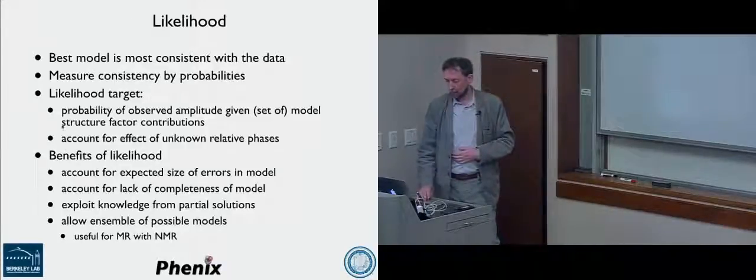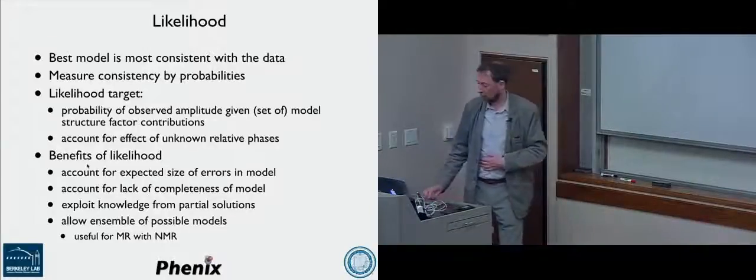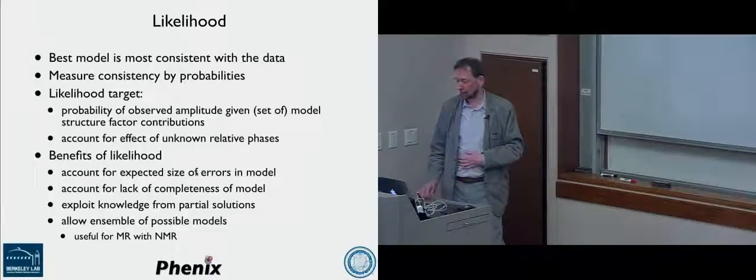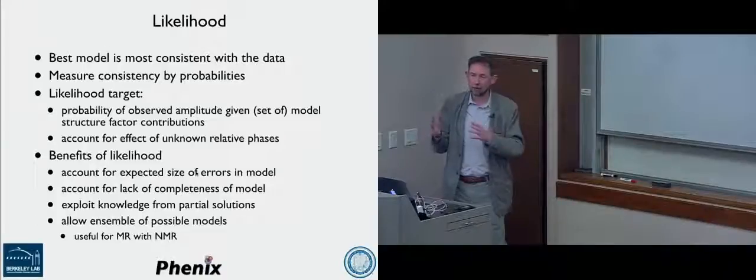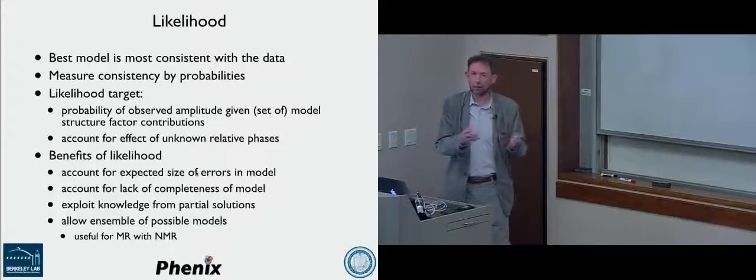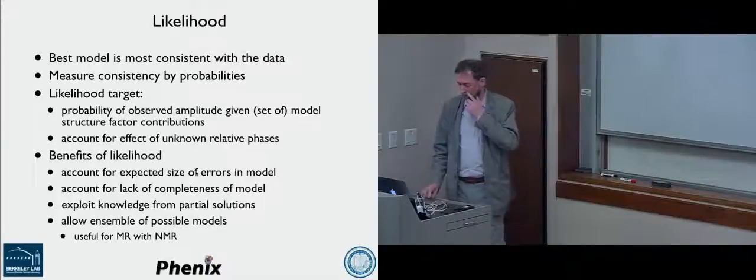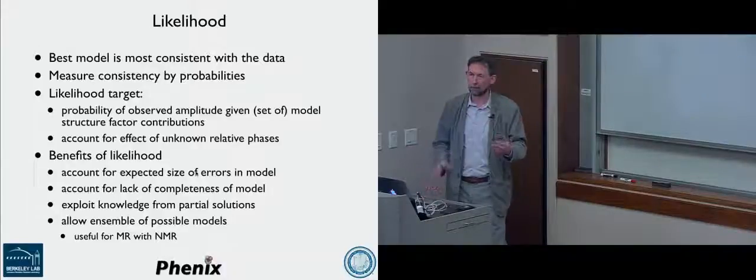So I won't dwell on these things so much, except to say more about, well, what are the advantages of this? Well, in molecular replacement, we can try and estimate errors or differences between our search model and what's in the crystal. We can incorporate that in the likelihood function. Traditional molecular replacement kind of assumed that what you're searching for is exactly the same as what's in the crystal, which is clearly not right.